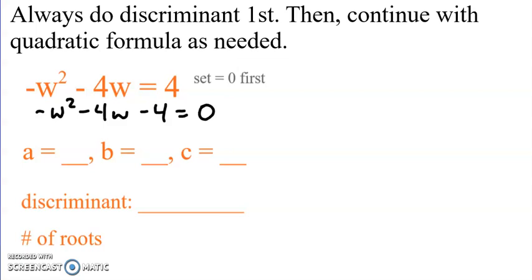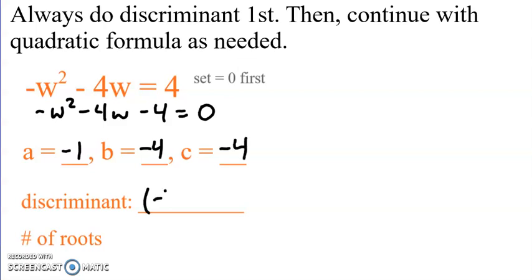Now you could, because we have all negatives there, and maybe you prefer to work with positive numbers, you could move everything over to the right side and have the left side equal to 0. So our a, b, and c values are going to be different, have different signs, but it's still going to get us the same answer in the end. Okay, so I'm just going to stick with what we have here.